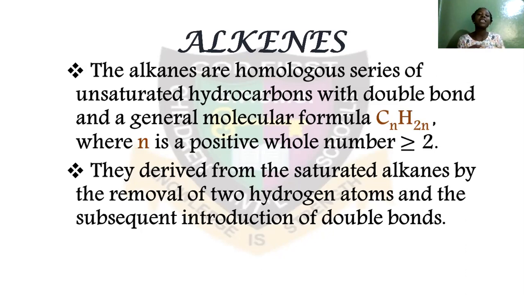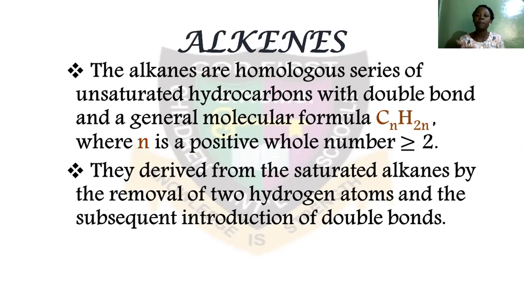Now n is a positive whole number greater than or equal to 2. So the alkenes have no C1 member. That means there is no methene like the methane. Methane is present in the alkane series, but in the alkene series, methene is not present.